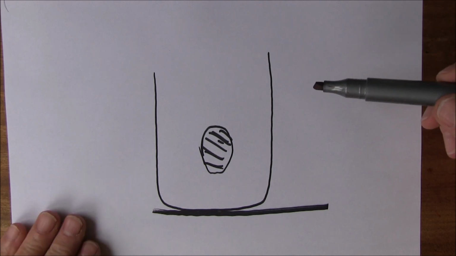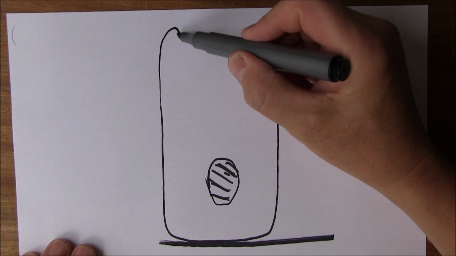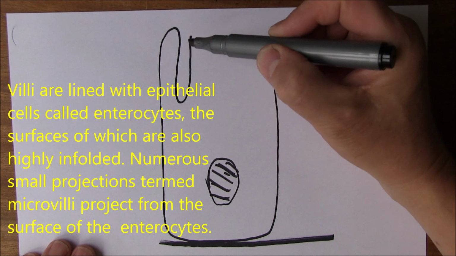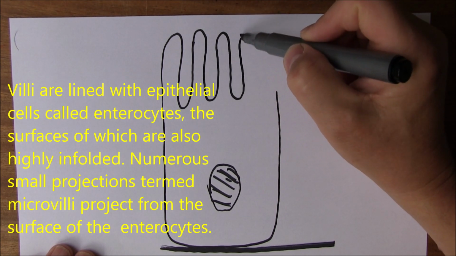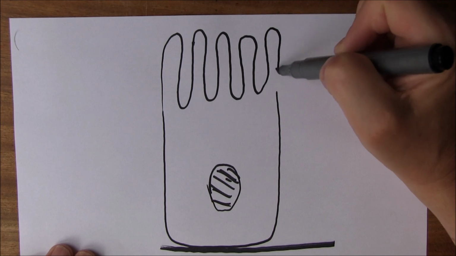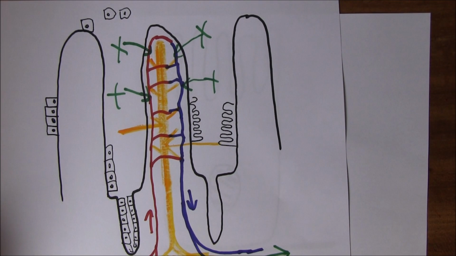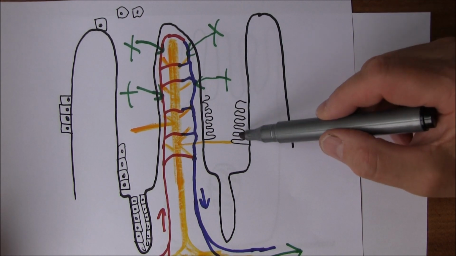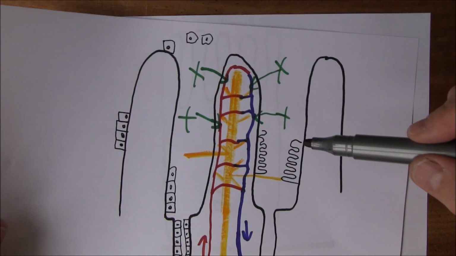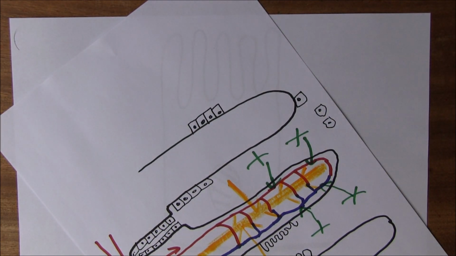But the fascinating thing about them is the surface of these, as we've said, is folded into microvilli, like this. So this is the enterocyte with the microvilli on the surface. So just to go back to our previous diagram, when we drew the microvilli here on the surface of a villus, these microvilli are actually projections of these enterocytes here.